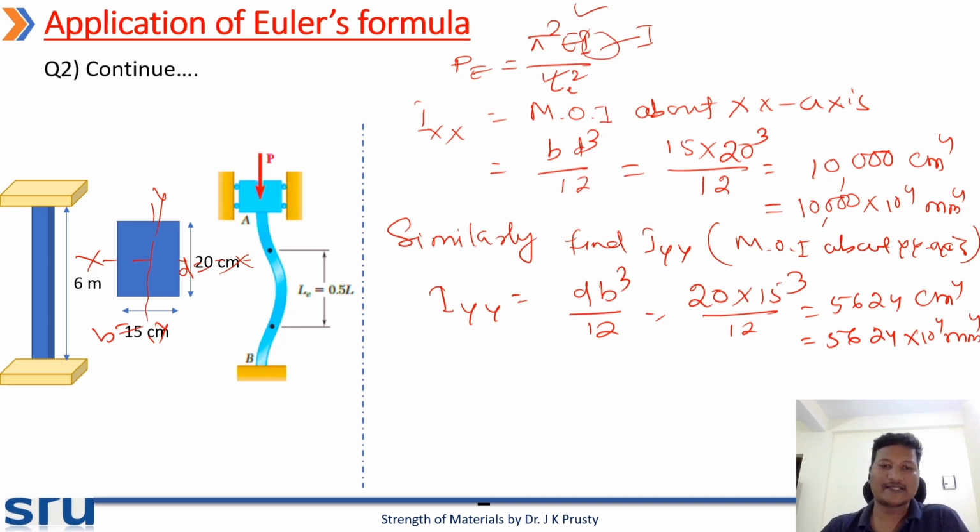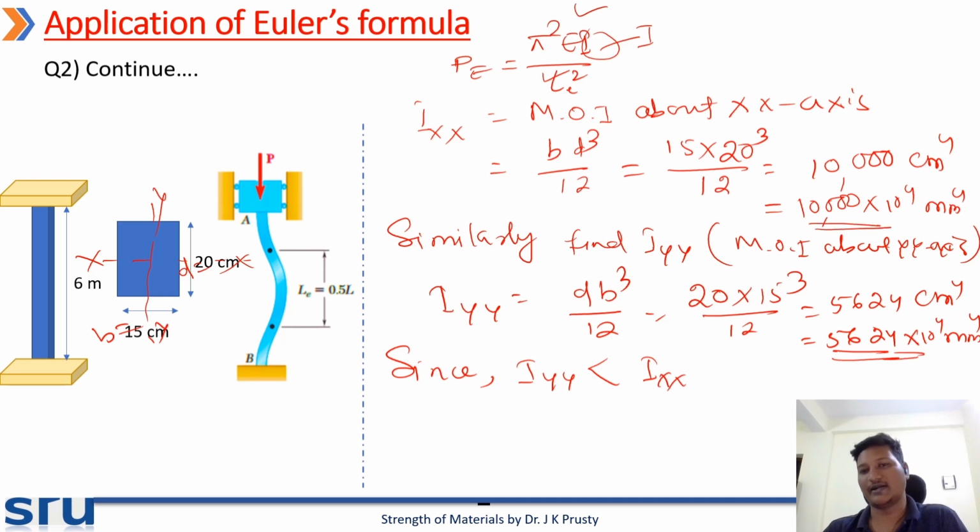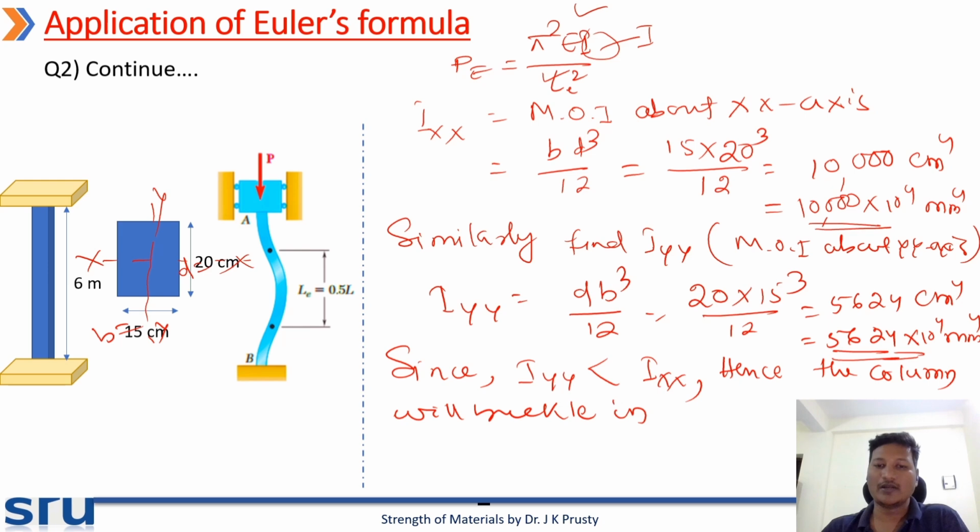If you compare this Ixx and Iyy, since Iyy is less than Ixx, the value of Iyy is 5624 into 10 to the 4 mm4, and the value of Ixx is 10,000 into 10 to the 4 mm4. So Iyy is less than Ixx, hence the column will buckle in which direction?